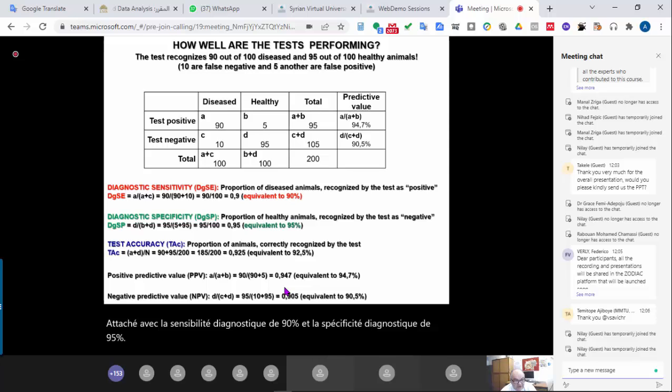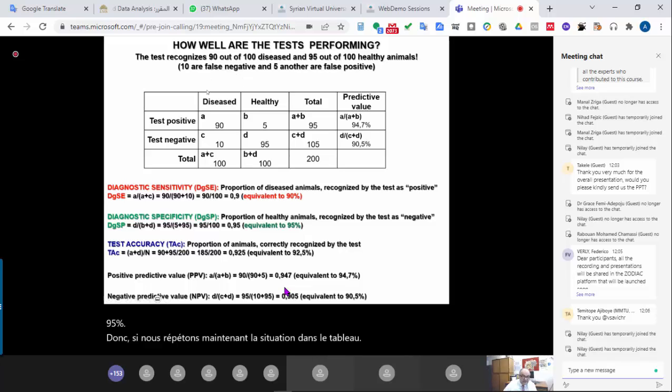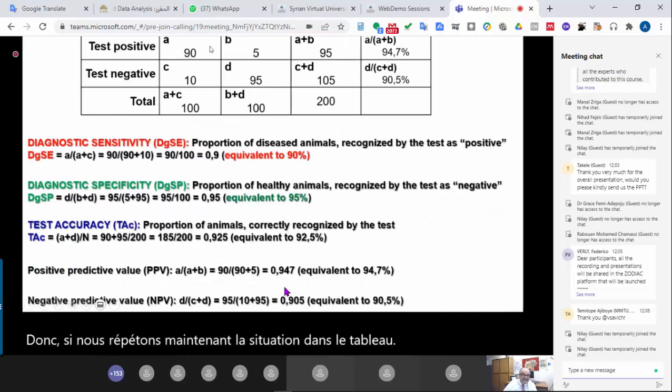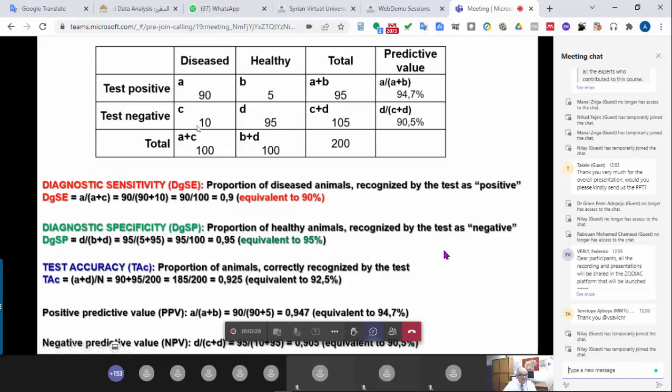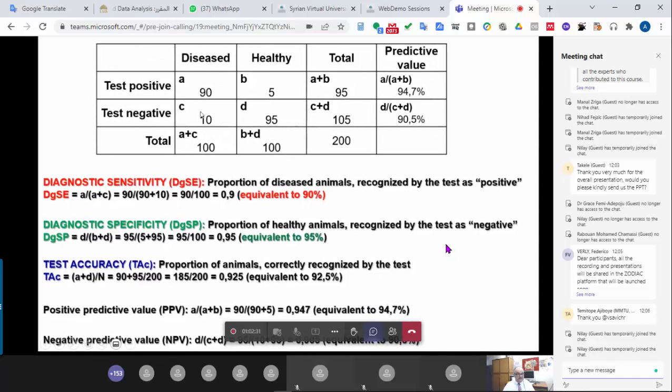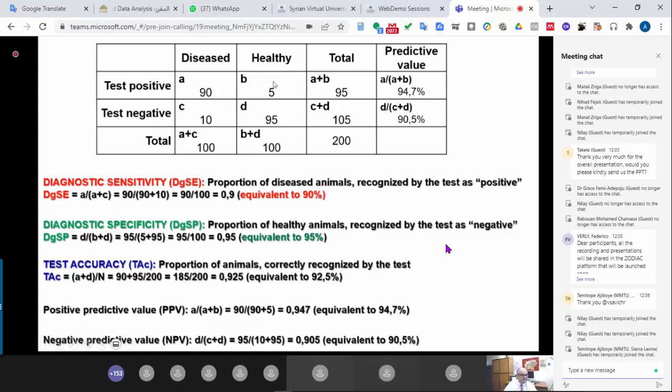So if we repeat now the situation in the table, our test will be able to diagnose correctly 90 out of 100 positives. So we have 100 positives. We said we have 100 sick. So 90 will be detected, but 10 of them, the test will not be able to detect. And for the healthy animals, 95 of them will be detected as healthy, but 5 will be declared by the test as sick. So they will probably go in the slaughterhouse or in the hole.